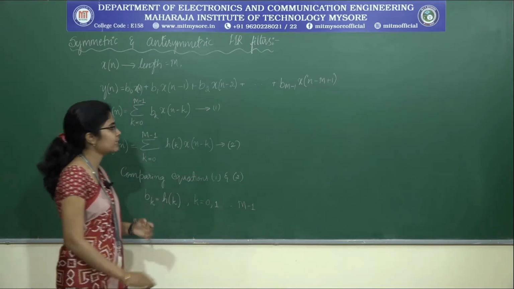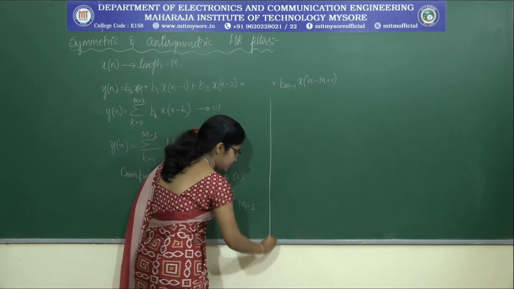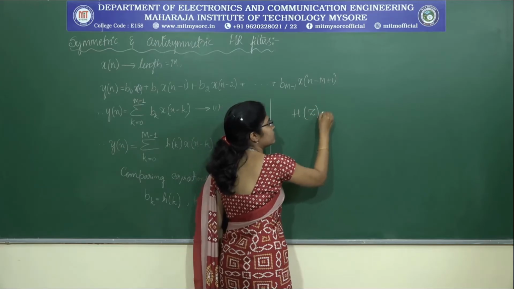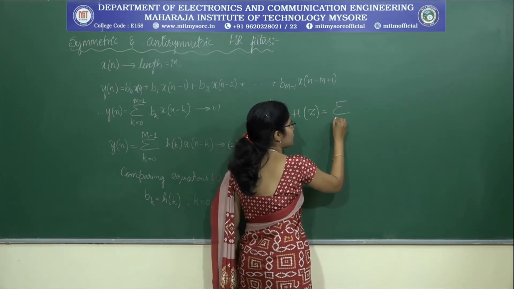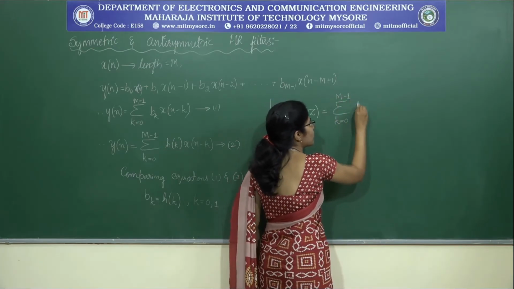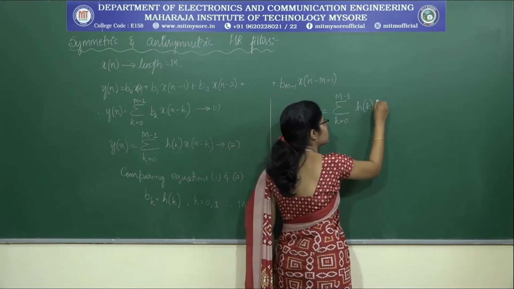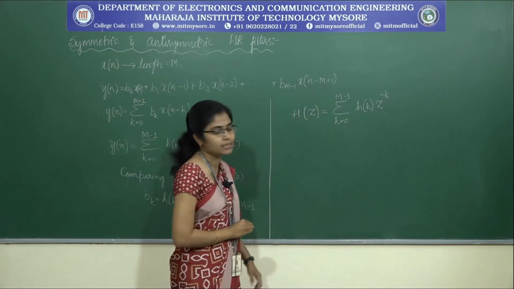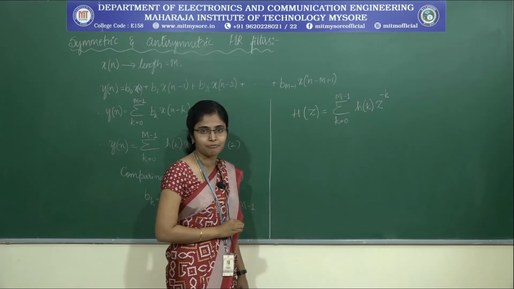Now if I write the system function of an FIR filter, that is the transfer function H of z, it will be equal to summation k ranges from 0 to m minus 1 h of k into z power minus k. So this is nothing but the system function of an FIR filter.